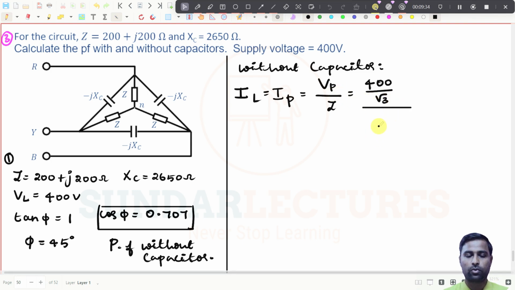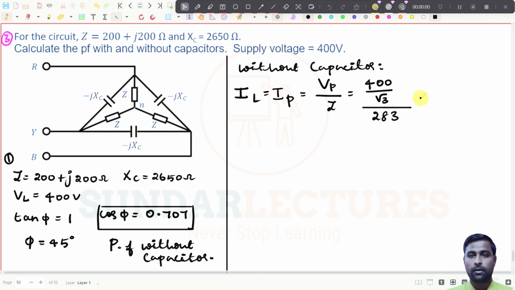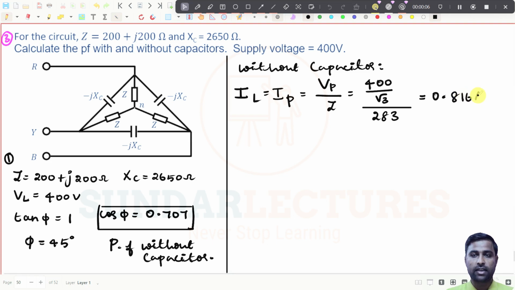Divided by the magnitude of Ez, which comes out to be 283. If you simplify this, I'm getting 0.816 ampere. So we have found the value of IL.